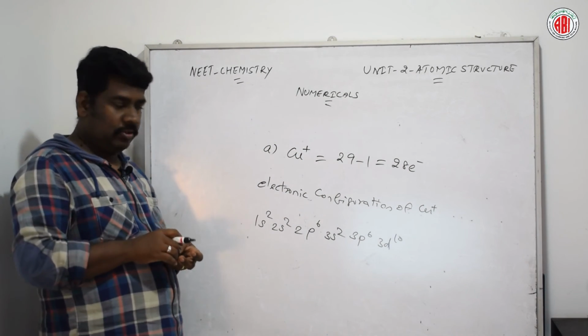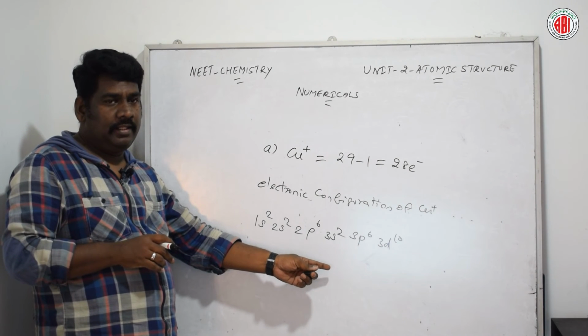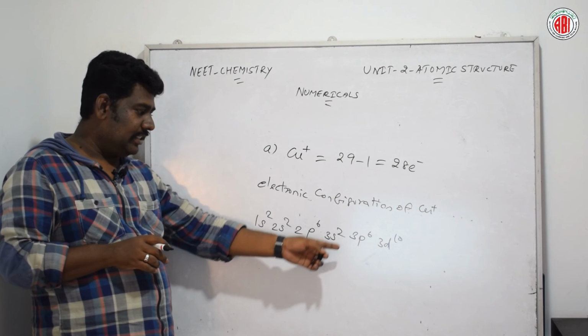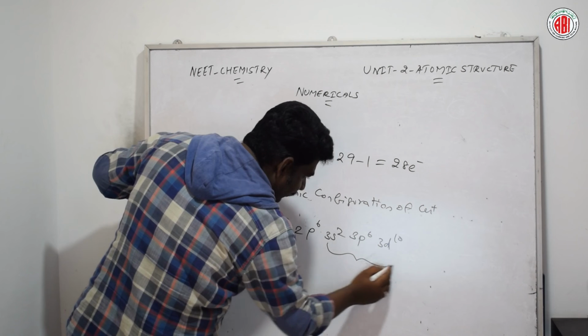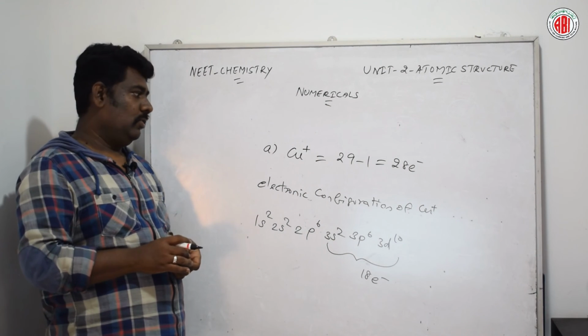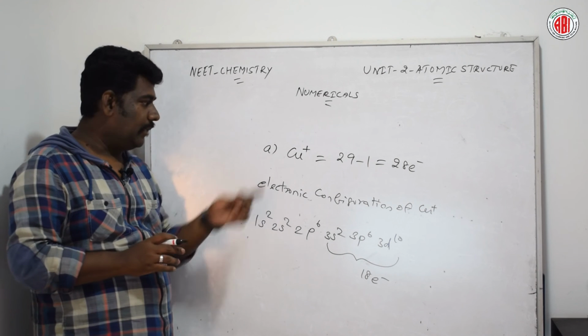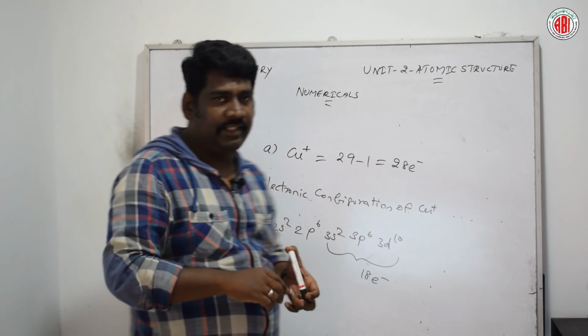Okay, so here you see the third shell, 3s, 3p and 3d, overall comprises 18 electrons. Okay, right. So according to this particular question, option A is the right answer. Now let us go for the next question.